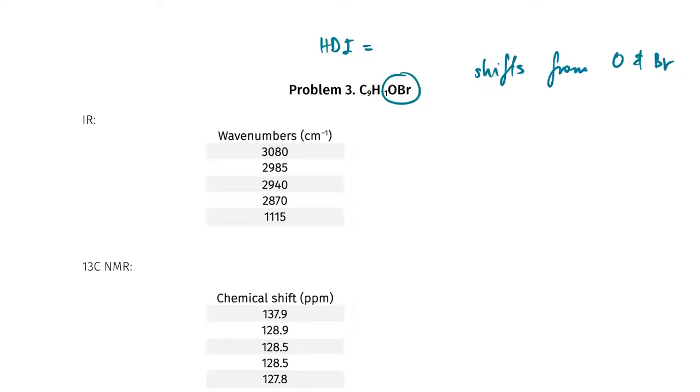Okay, what do we have? We have alkene CH, we have alkane CH, some more alkane CH, some more alkane CH, and possibly ether type of bond in IR.